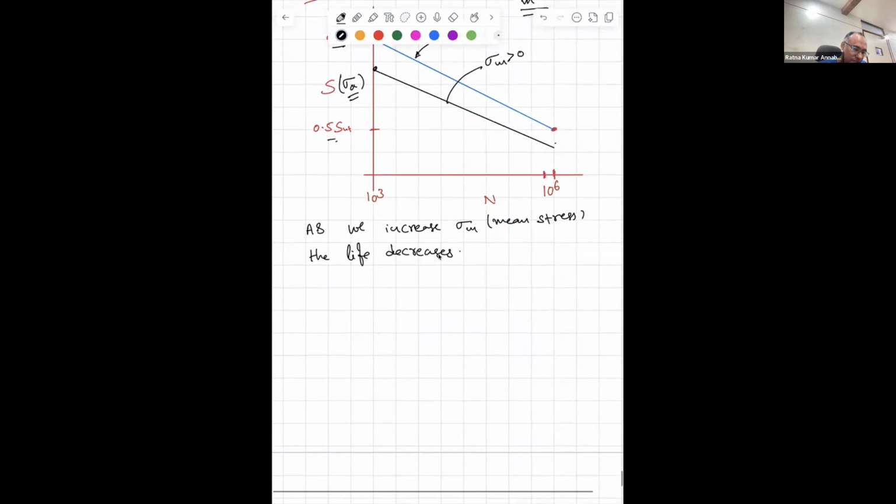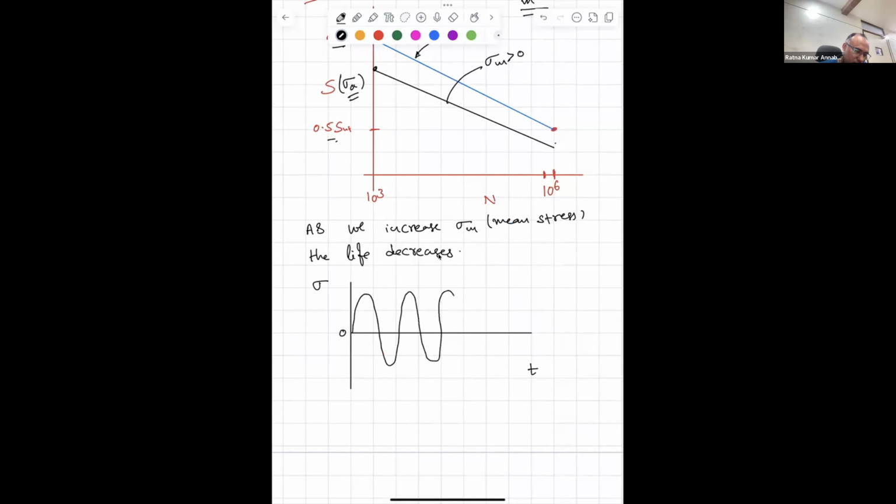Why does it happen? If you look at the stress time diagram, let us say this is stress and time. If this is 0, this is your sigma A and this is sigma m equal to 0.